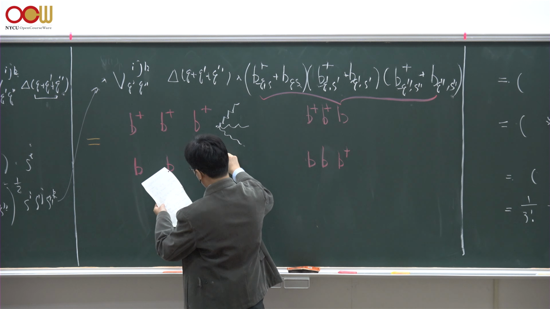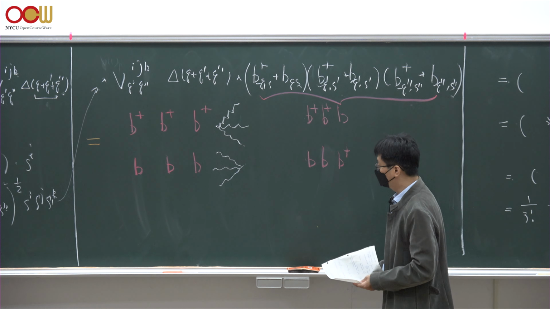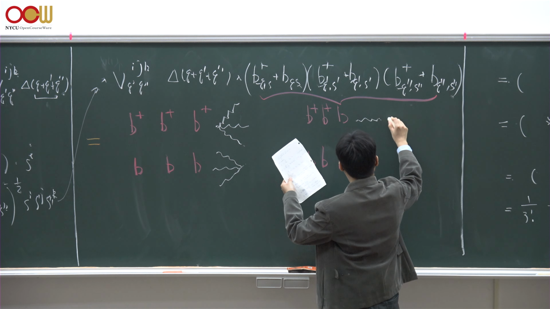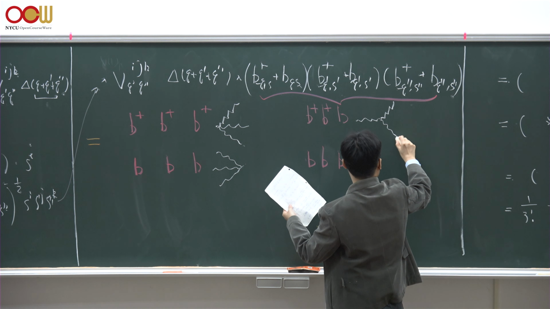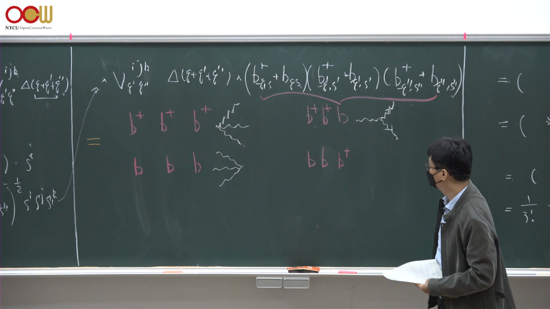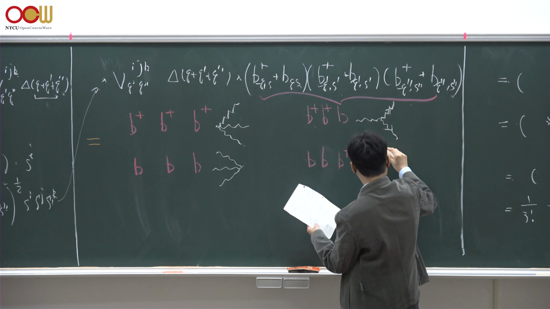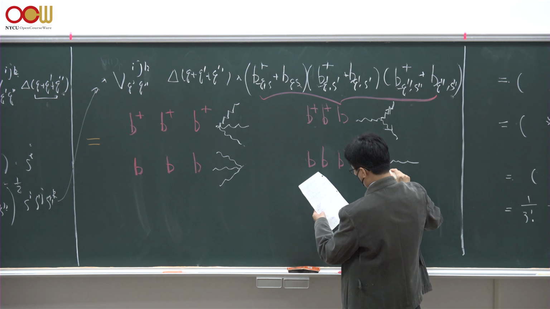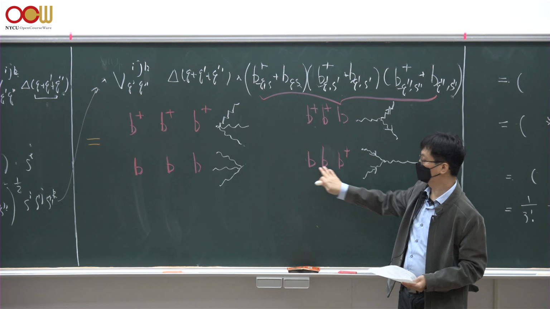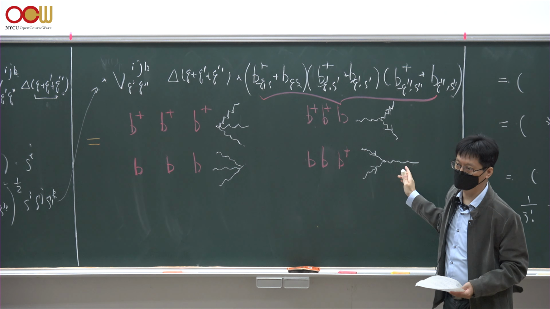You could also annihilate three phonons, and the three phonons disappear and merge into the vacuum. Of course, you could destroy a phonon but then create another two. So that's B dagger, B dagger, B. And you could do the reverse, that you could merge two phonons into a single phonon, meaning you destroy two phonons, and then you create another phonon. So two phonons become one phonon.